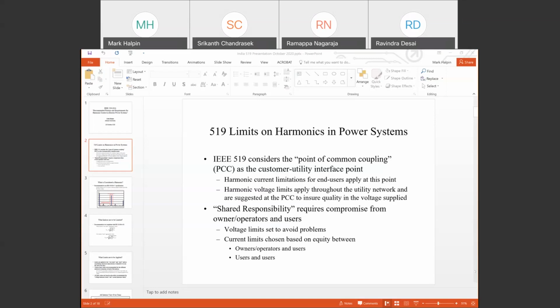In effect, from the utility perspective, the product that we supply is a voltage. Of course, we supply energy, but we do it by supplying a voltage. And that voltage needs to have certain quality characteristics. And in the realm of 519, the quality characteristic that we're focusing on is harmonic content in that voltage. So the utility is responsible for the voltage quality.